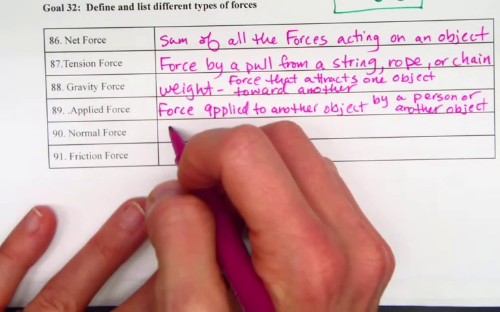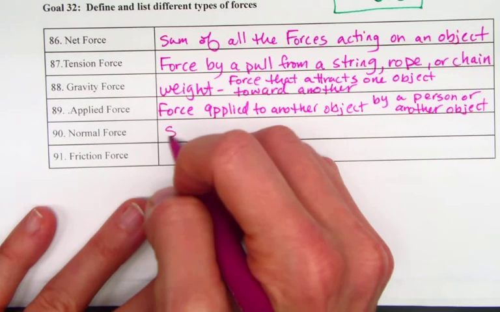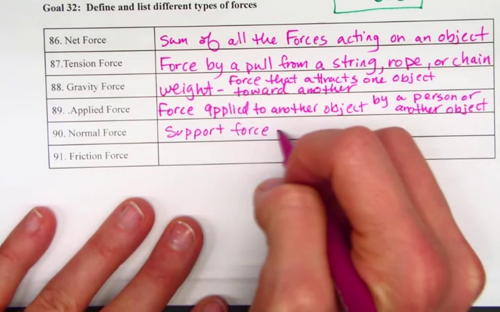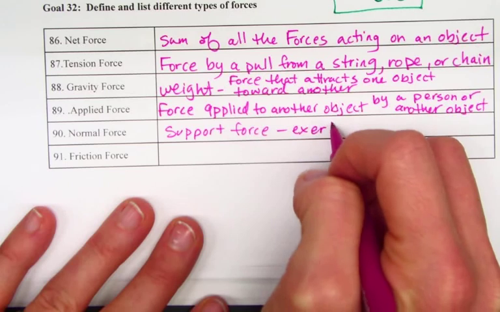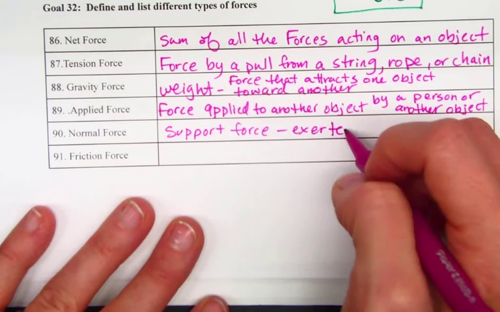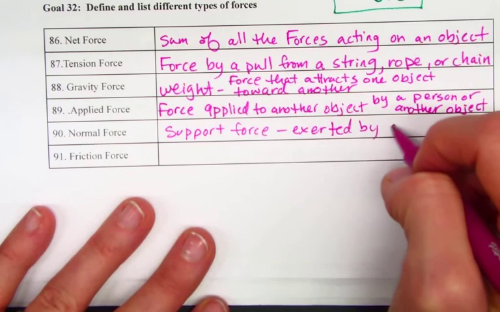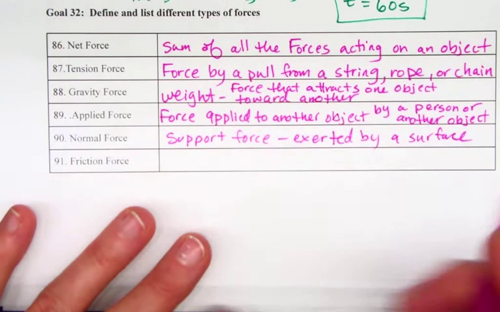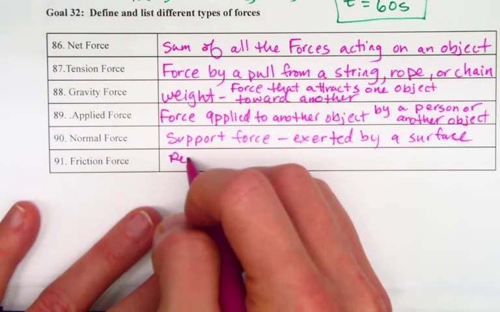The normal force is your support force, and that's exerted by some surface. And the friction force is a resistant force.